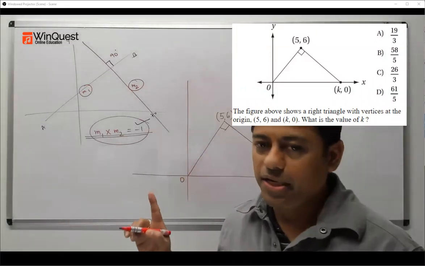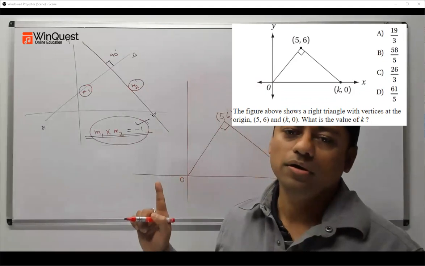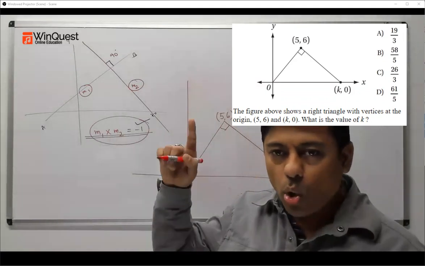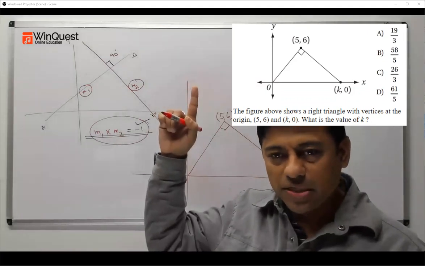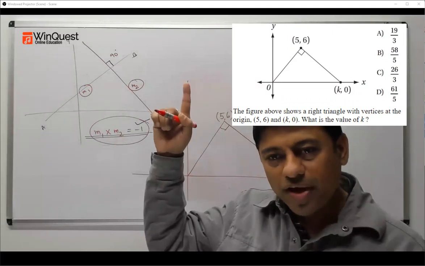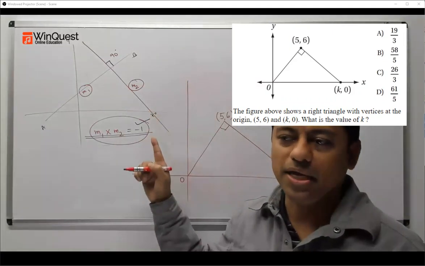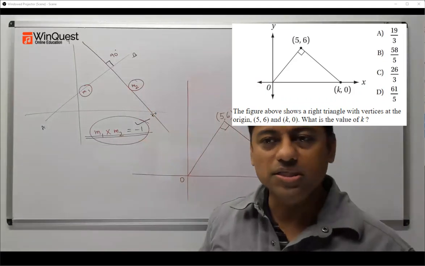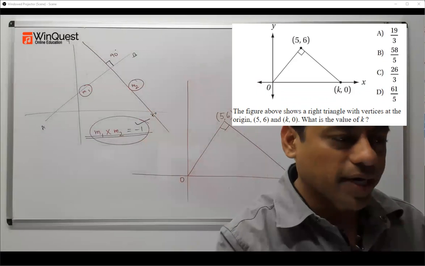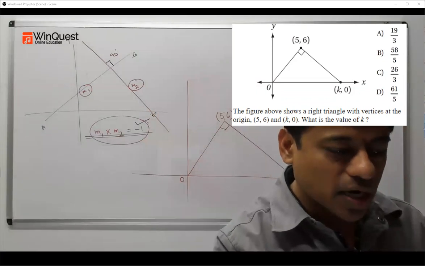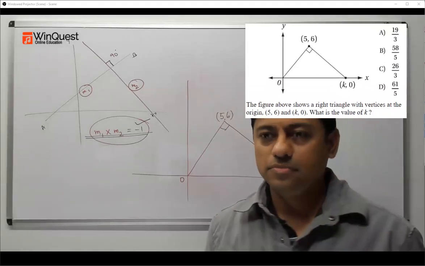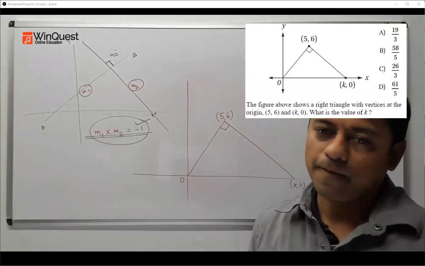For 45, 45, 90 degree, you have to be sure that the line from O to the point (5, 6) is equal in length to the line from (5, 6) to (k, 0). You have to be sure about it, right? If the two sides are not the same, then you cannot say 45, 45 degree. Right? Yeah, it's okay.